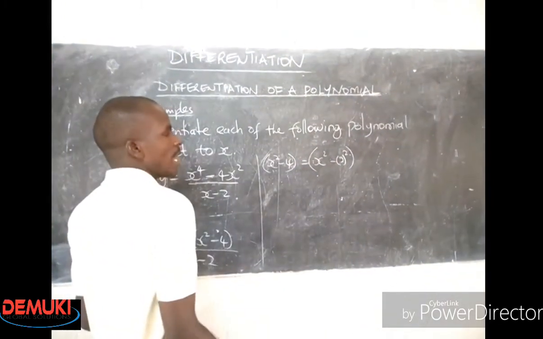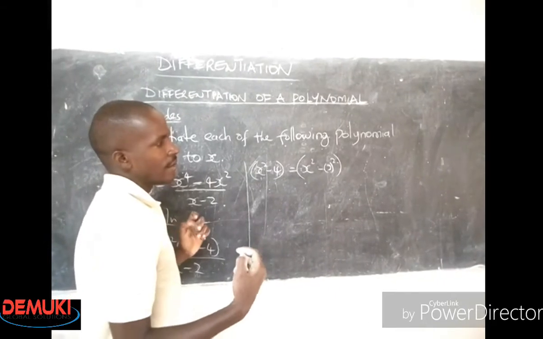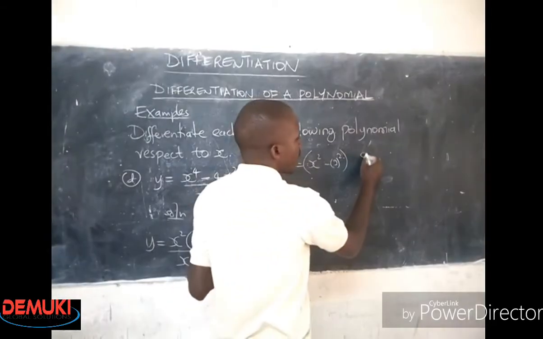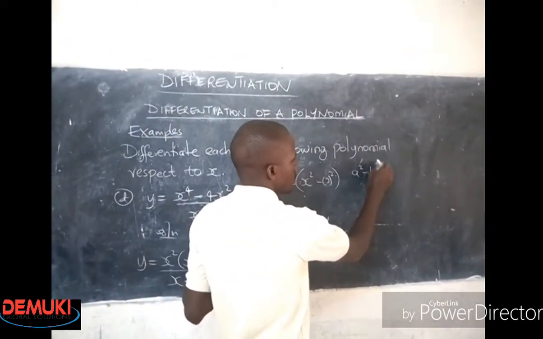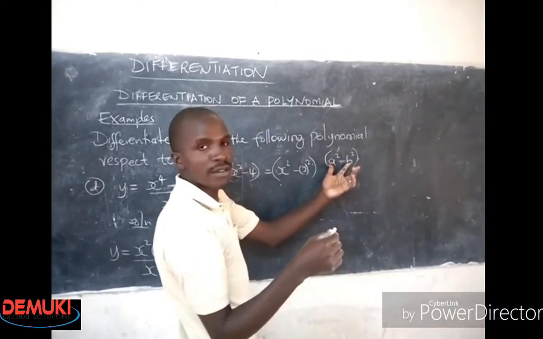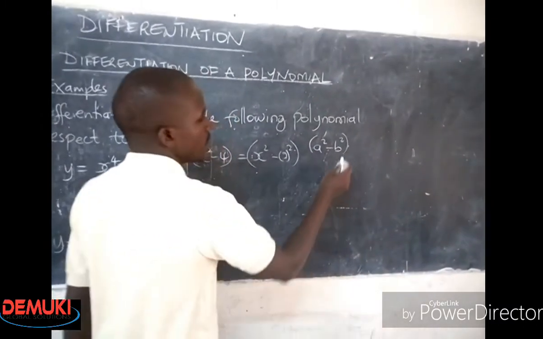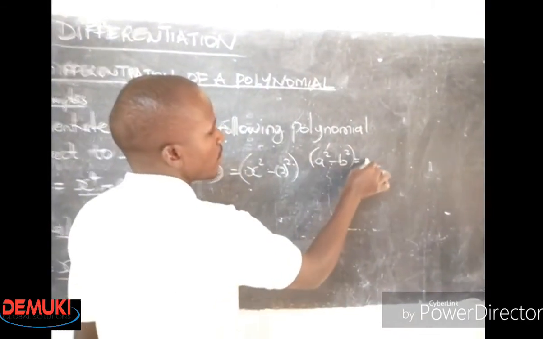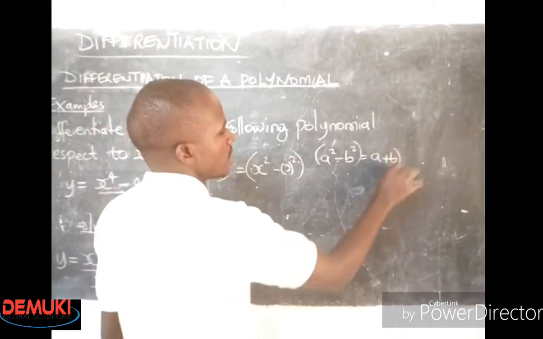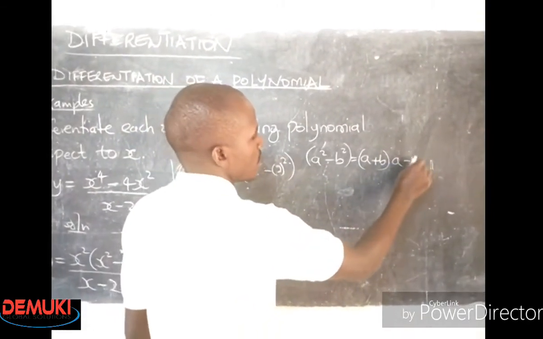And we know from the identity that a squared minus b squared equals a plus b times a minus b.